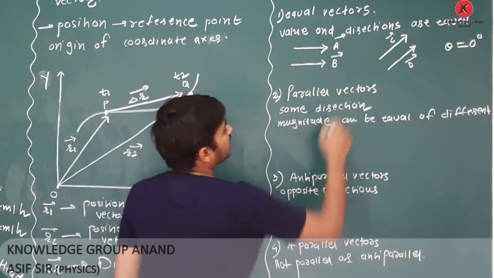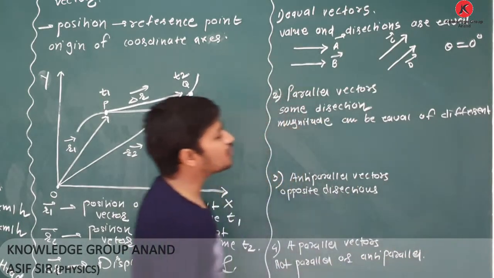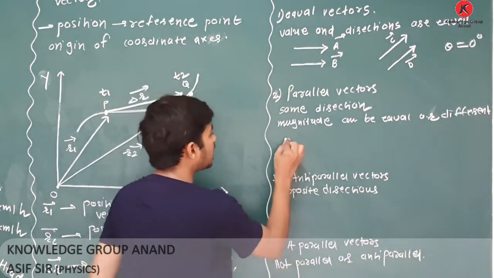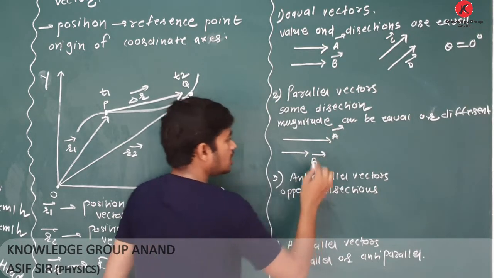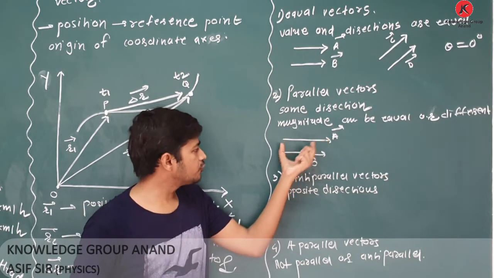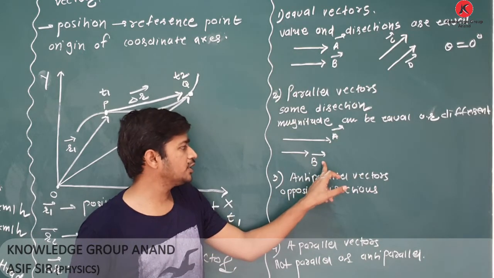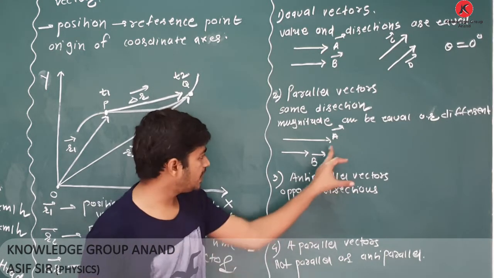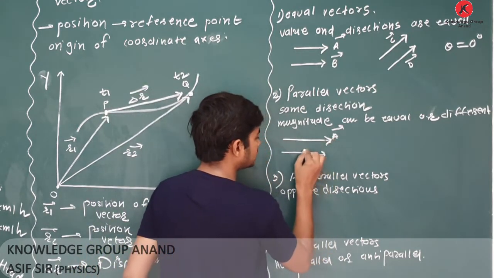Now, parallel vectors. What is the definition of parallel vectors? Same direction, but the magnitude can be equal or different. For example, if I have one vector A in this direction and one vector B in this direction, from this you can say the length of vector A is more than the length of vector B, means the magnitude of A is greater than the magnitude of B. But the direction is the same; this head is in the same direction.